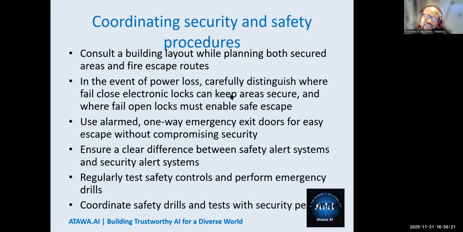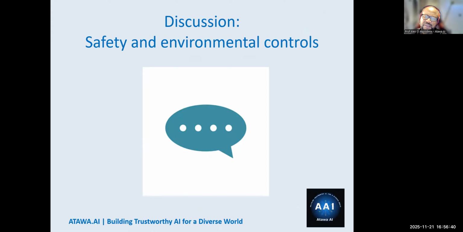So how do you coordinate security and safety protocols? You always consult your building layout when you're planning both for security areas and fire escape routes. Coordinate safety drills. Most organizations have safety drills and use alarms and security doors. There's a discussion about safety and environmental controls.